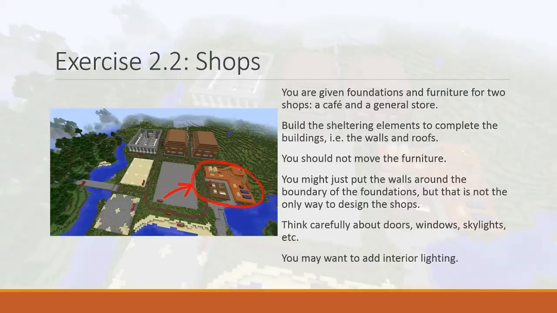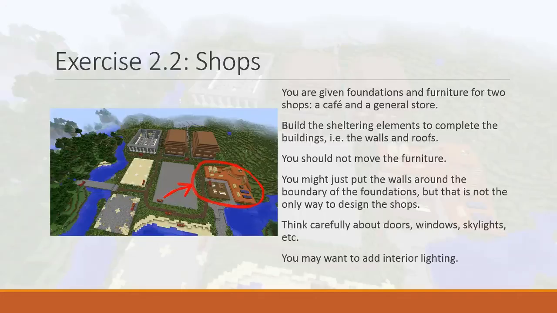Because I've given you the foundations there, the brown wood foundation and the orange wood foundation. You can just put walls around it, but that's not necessarily the only thing you can do. So try to think a little bit and be maybe a little bit creative as to where you put the walls, just so that you're doing something interesting and not just the easiest thing.